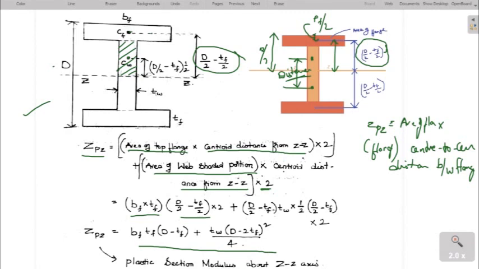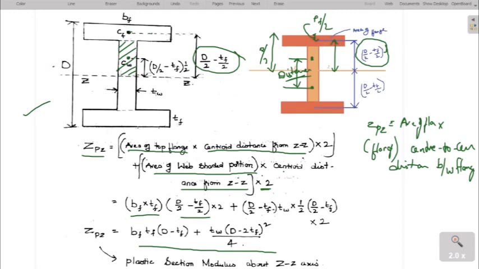Of course here we did not consider that. In case of the web also, same thing: web area into the distance between the centroid of the top portion of the web to ZZ, into 2. Since we have taken BF and TF as the notations, you get the equation in that notation only.